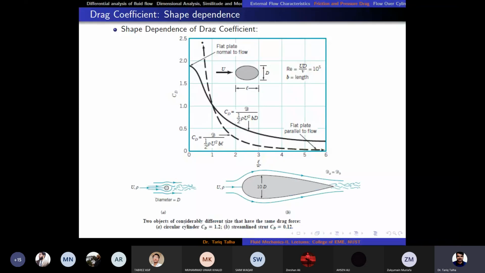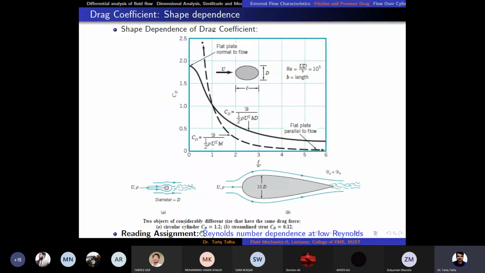Then I have discussed that for these two bodies, the drag force is equal. It is very surprising to see that even though this length is 10 diameters, and here we have a cylinder which has a diameter of D, these two objects have the same drag force.